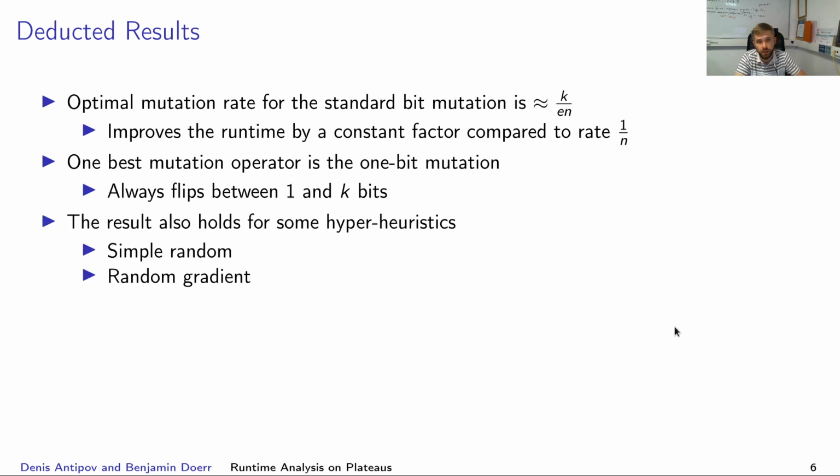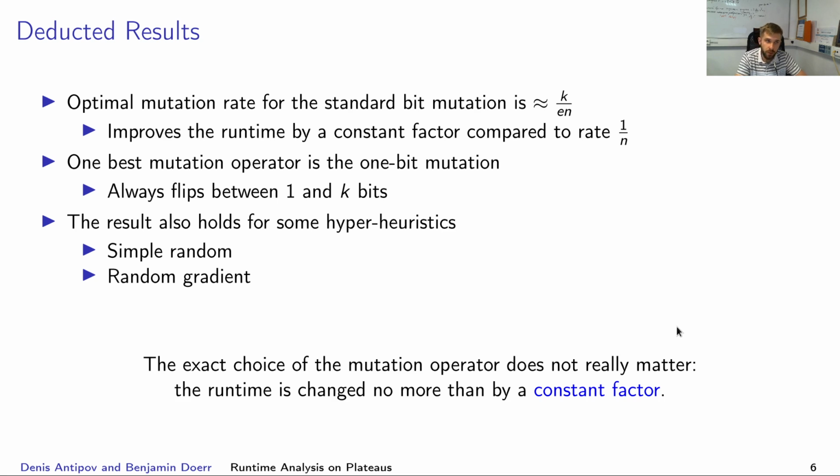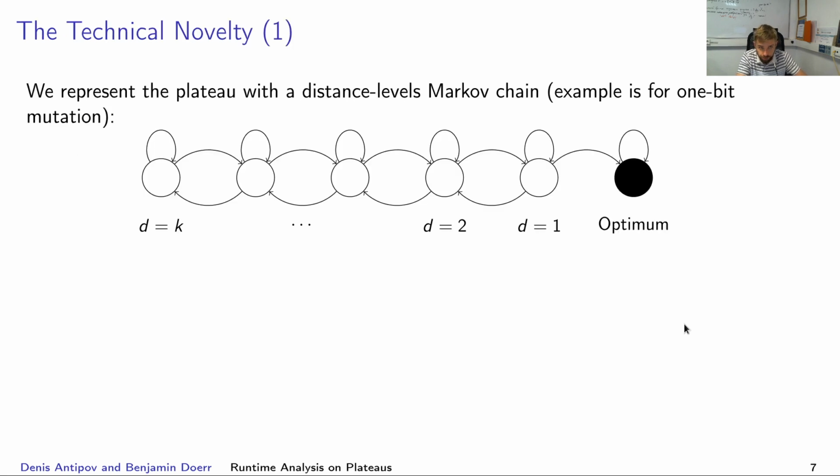We also spread our results to some hyperheuristics where we can choose the mutation operator according to some strategy. In general, we showed that the exact choice of the mutation operator cannot change the expected runtime drastically. It can only change by a constant factor.